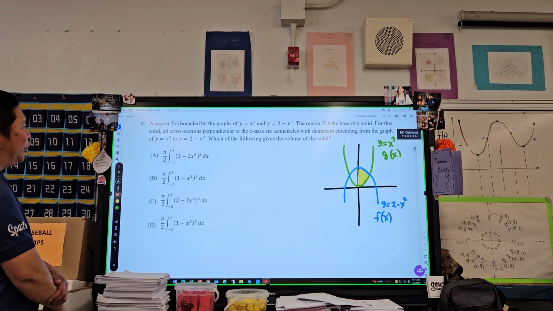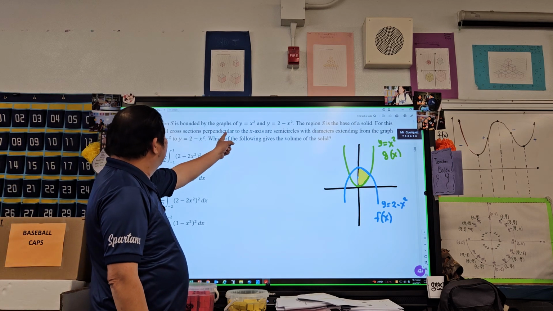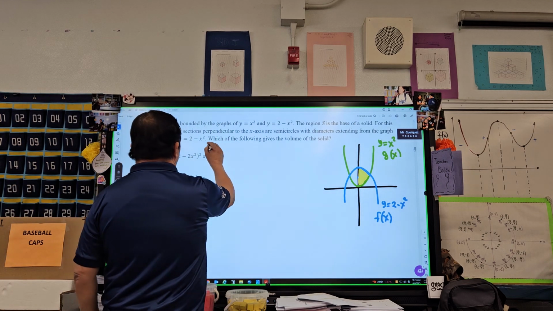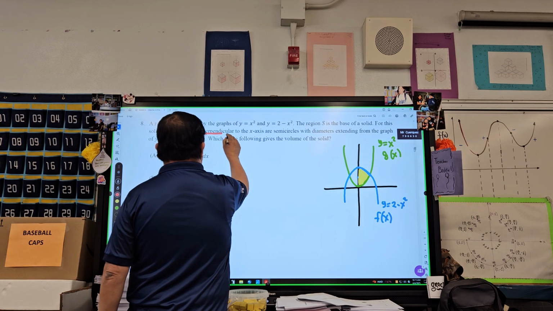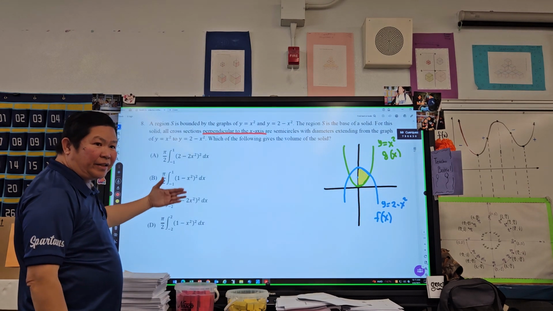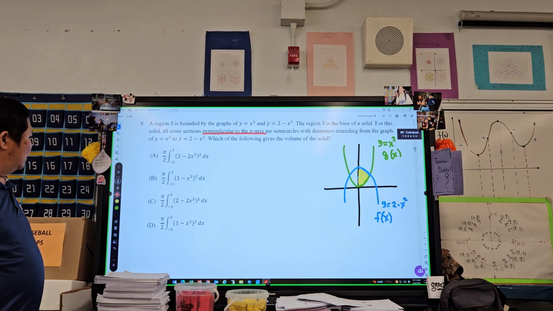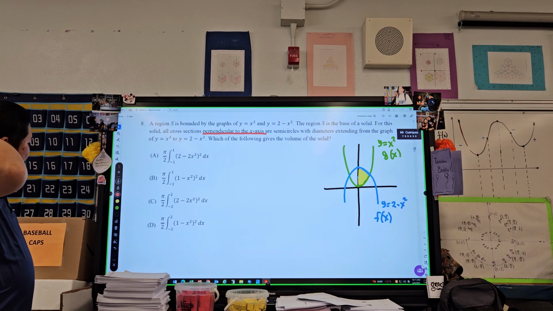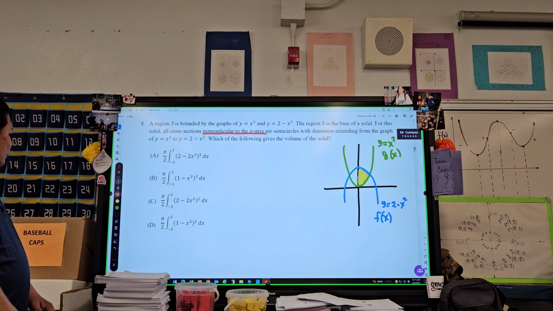And then perpendicular to the x-axis. So highlight this one, perpendicular to the x-axis. So we have all dx, okay? So what's next now?